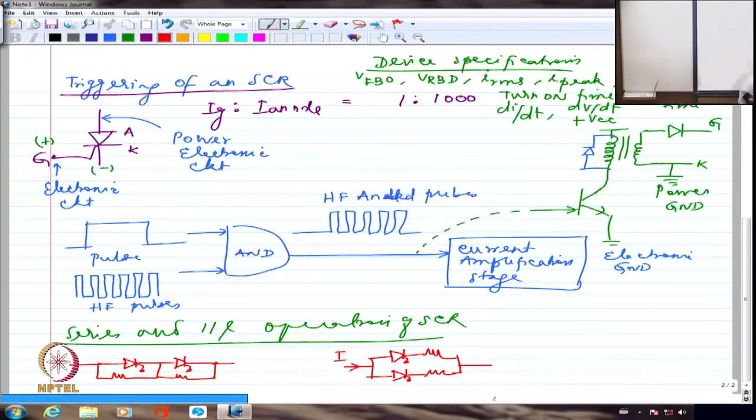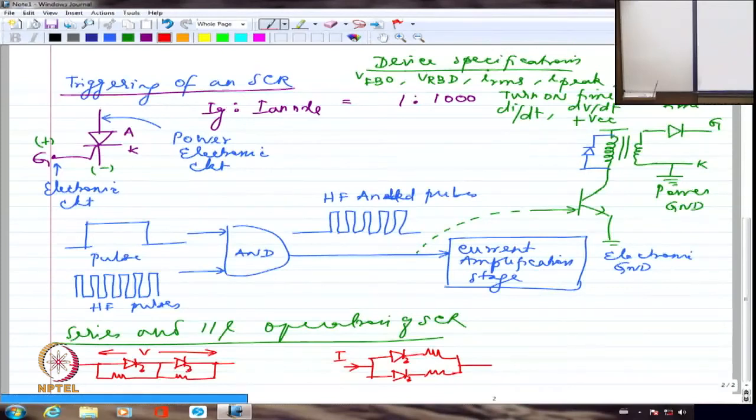Here it is sharing a larger voltage V among the two devices. Right? Now this is very, very commonly used in high voltage DC transmission systems.